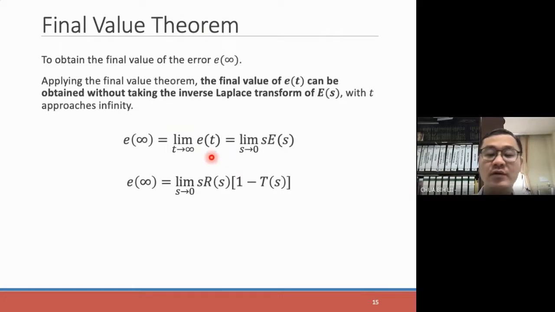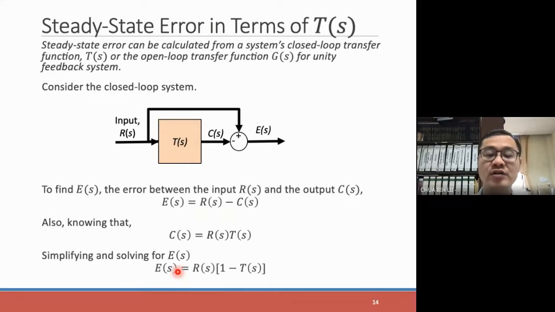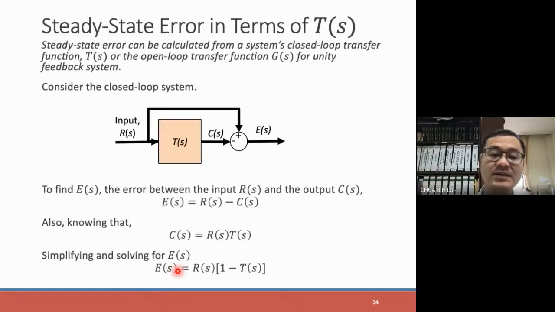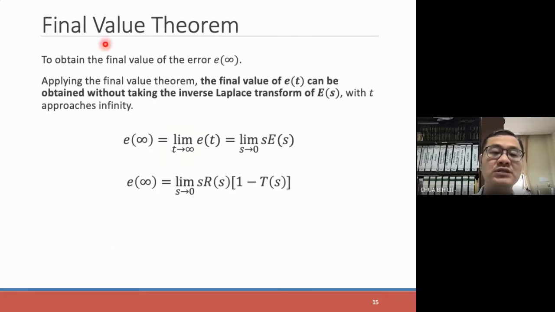We already have this so-called error function, and we would like to see, when the time is infinity, when the time is large enough, what would be the error? This is where the mathematical knowledge is applied, the final value theorem.